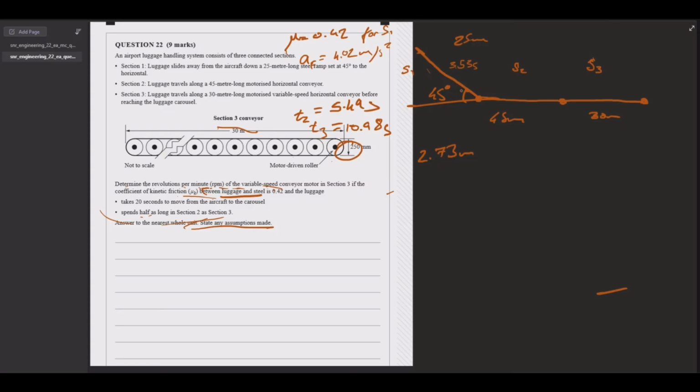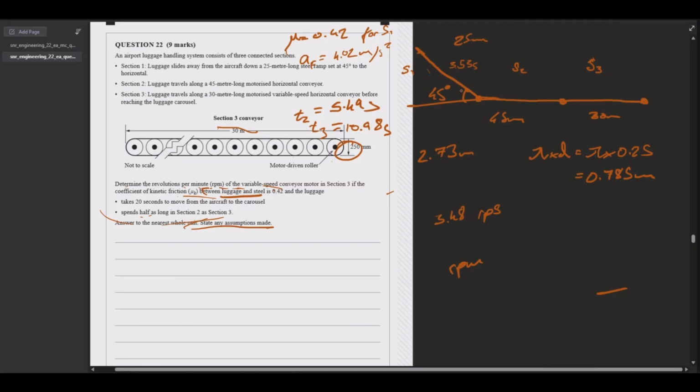And so the first thing that we're going to need to do for that is figure out the circumference, which is just pi times diameter, or pi times 0.25. And that is 0.785 meters. And if we want 2.73 meters, we are going to have to do 2.73 divided by 0.785, or 3.48 revolutions per second, not per minute.